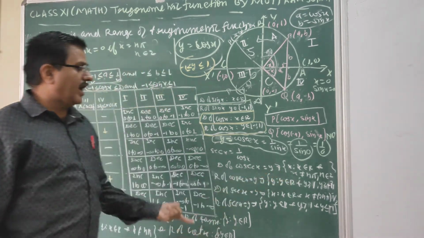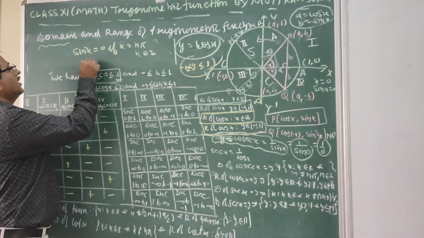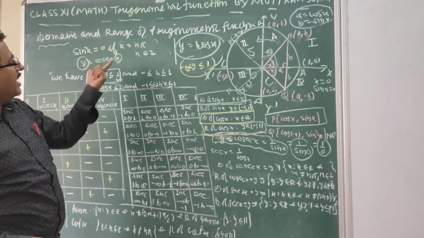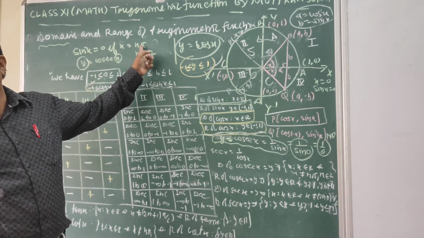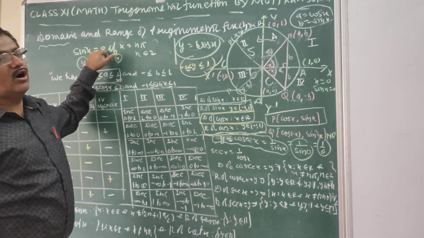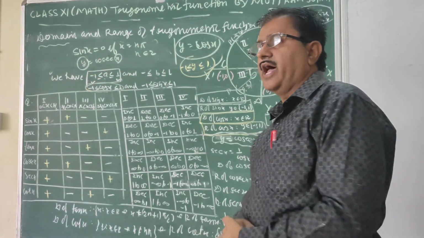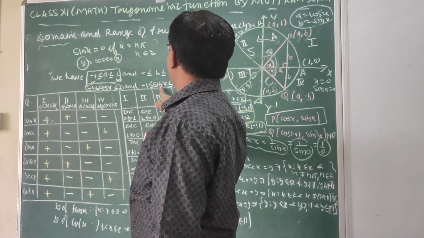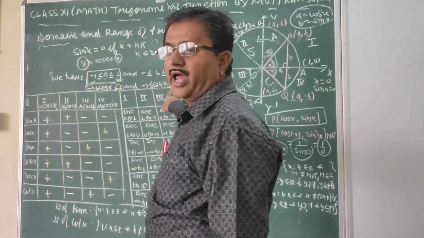Now if you put x in the reals, then y will be real because y equals cosec x. But we are not putting the values x equal to n pi. You know that when x equals n pi, the value of sin x is 0. Now if you take the reciprocal, that will be greater.